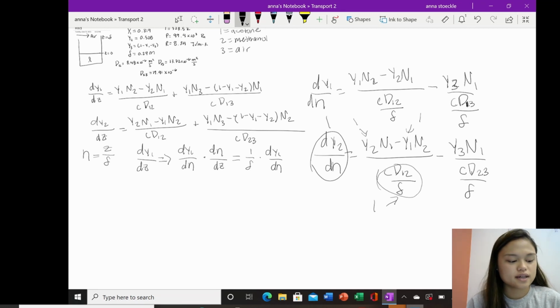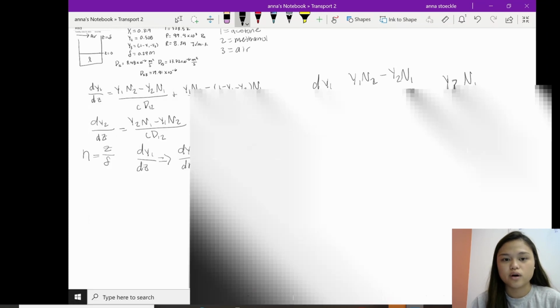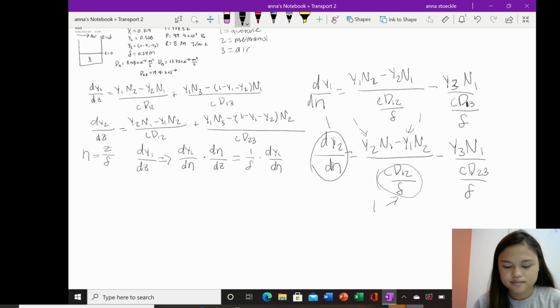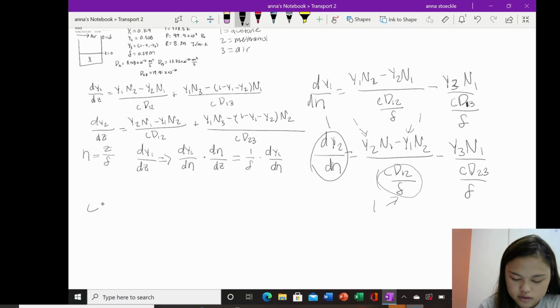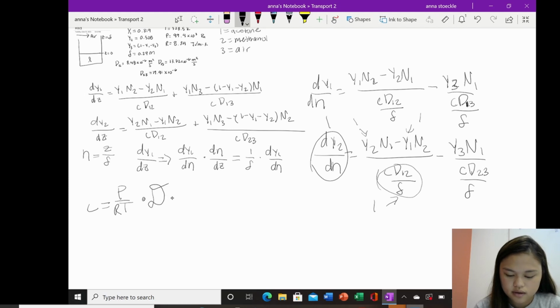Okay, so let's now try to get the left side of the Maxwell-Stefan equation to have an order of magnitude of 1 to equal the right side. Concentration equals pressure over RT. Then we multiply that by the Stefan-Boltzmann gas estimation that we can assume because it's a gas.